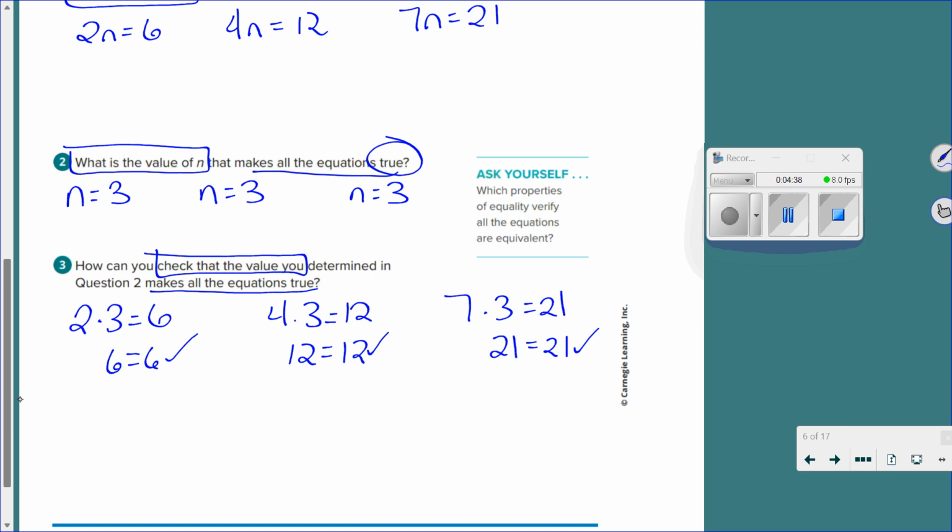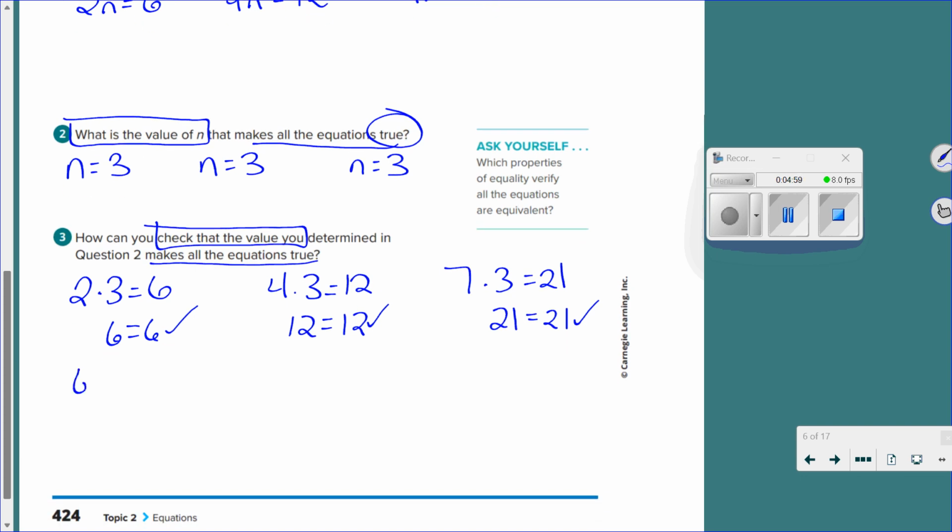What other way could we check our answer? You can count. What did we do last week when we were trying to find the variable and we were adding in the equation? What did we do? We subtracted. We did the opposite. So what is the opposite of multiplication? Division. So can I do 6 divided by 2 equals 3? That gave me my variable, yes. Can I do 12 divided by 4 equals 3? And can I do 21 divided by 7 equals 3?